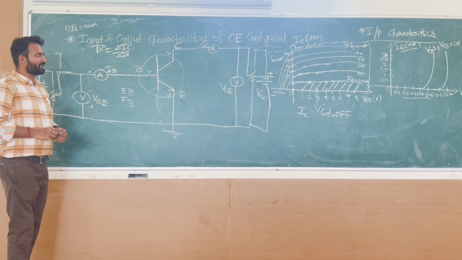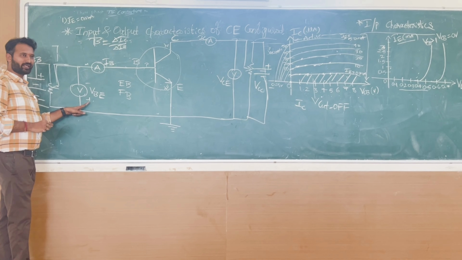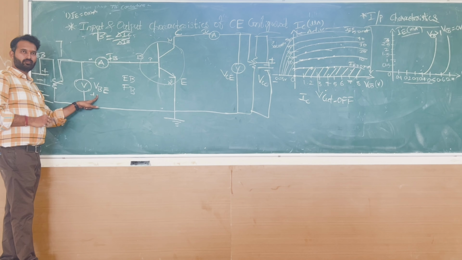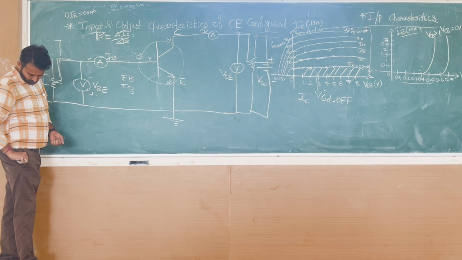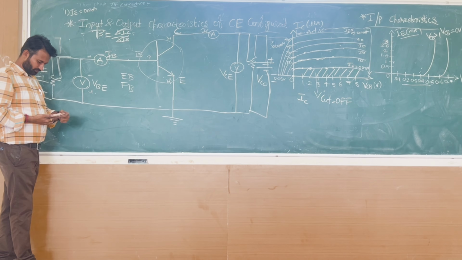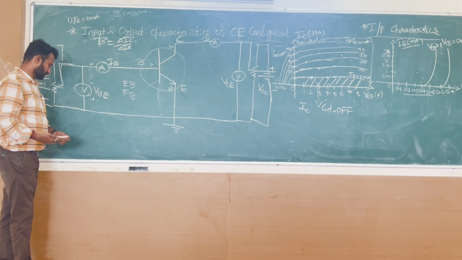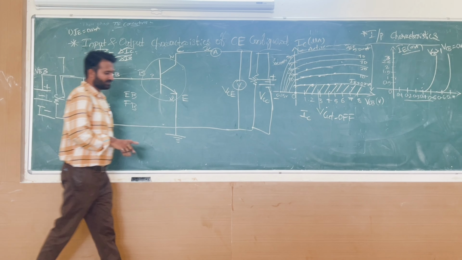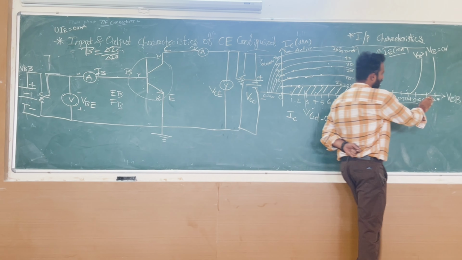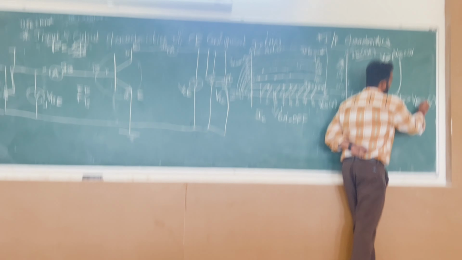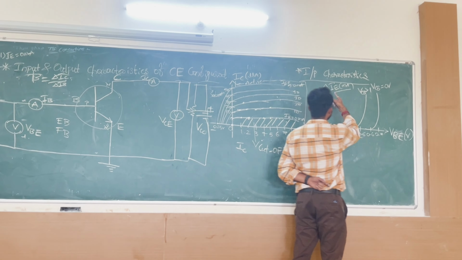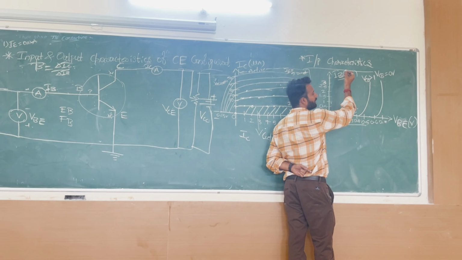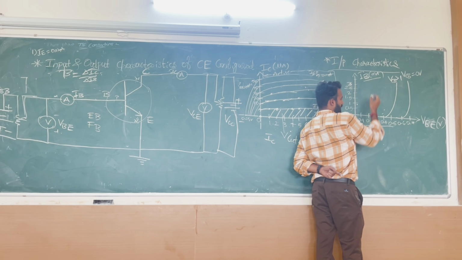Clear? Now what is your input characteristics? What will be on the x-axis? VBE. Just change this as VBE. What is on your y-axis? IB, base current.